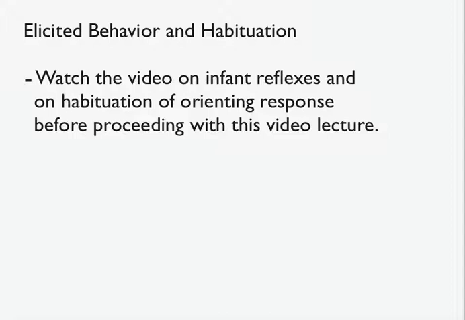Okay, now that you've watched the videos, it's important to talk about the simplest form of behavior, the simplest relationship between a stimulus and response that we can think of.